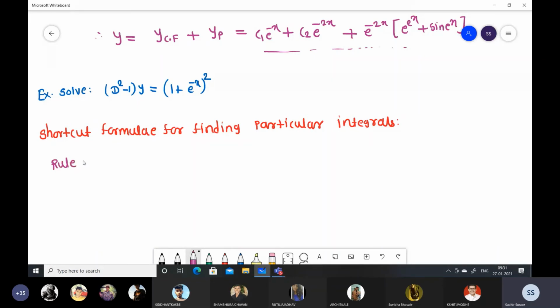So rule number 1: there is a restriction on f of x, the right hand side of the given differential equation. If f of x is e to the power a times x, where a is any constant.